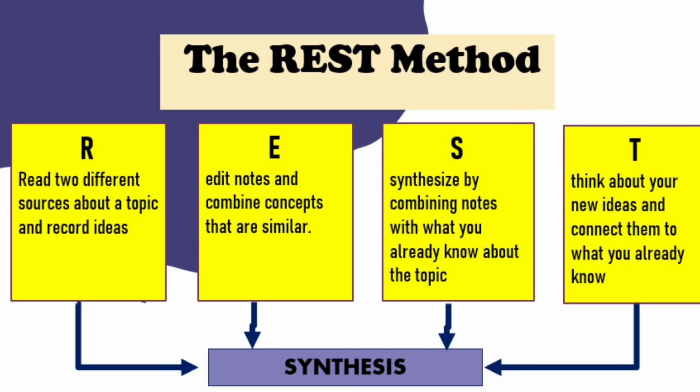Then you can now proceed to synthesize by combining notes with what you already know about the topic. Then finally, you have the T, which is think about your new ideas and connect them to what you already know, until you have your own understanding and your own opinion with everything. And that, class, is synthesizing.